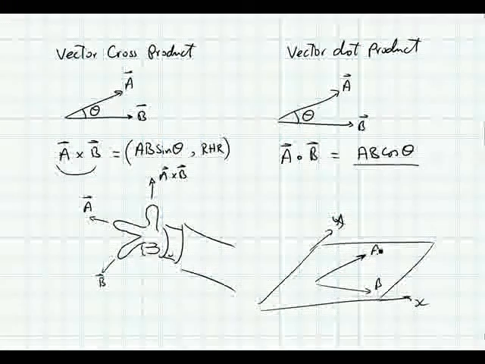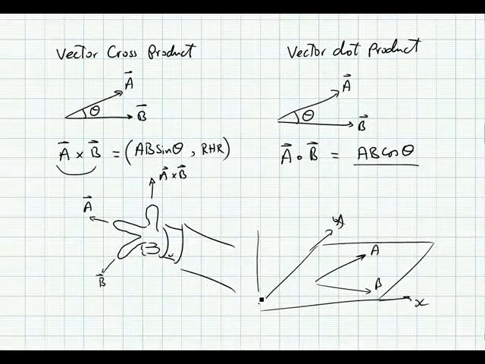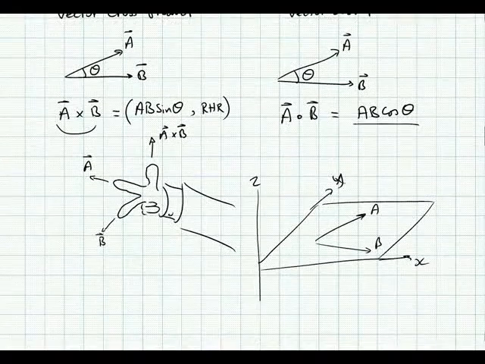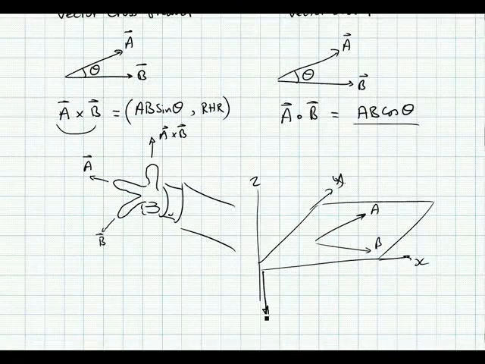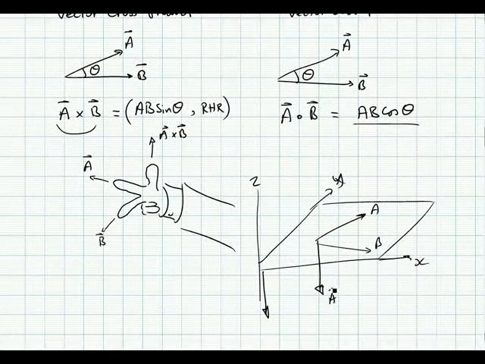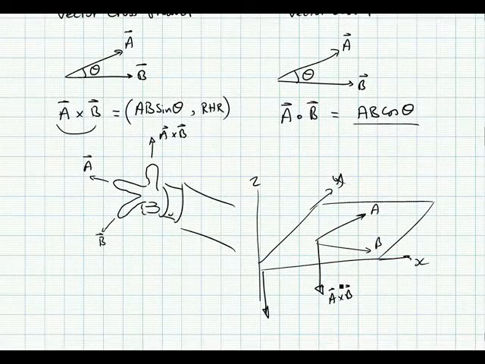Then the cross product of A and B is along the z direction, and in this case the cross product of A and B would actually be downwards according to the right hand rule.